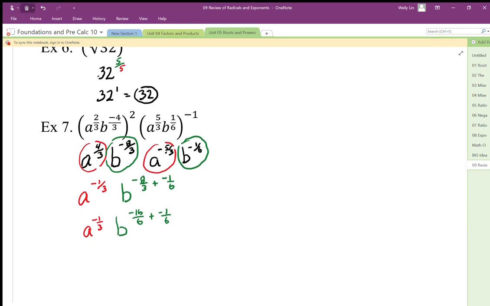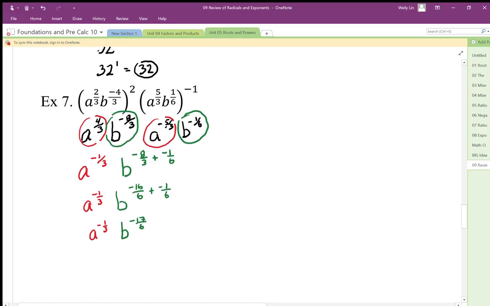So then this becomes a to the negative 1/3, b to the power negative 17 over 6. There's my answer.